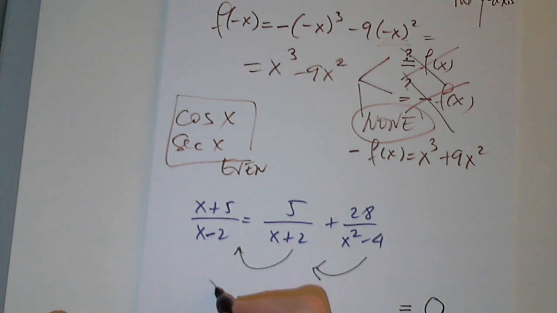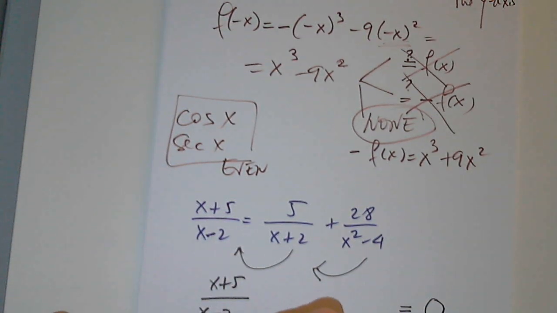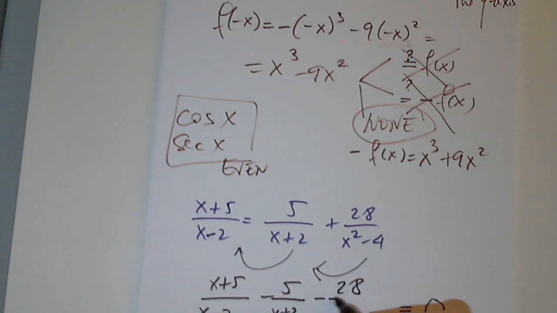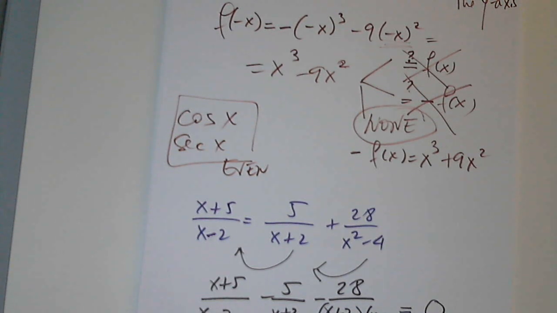So the left-hand side is now x plus 5 over x minus 2 minus 5 over x plus 2 minus 28, and I will definitely factor the denominator into x plus 2 times x minus 2. And then I continue. A term, it can be a fraction, it can be anything, with a positive sign in front, when it gets moved to the other side, it becomes negative.